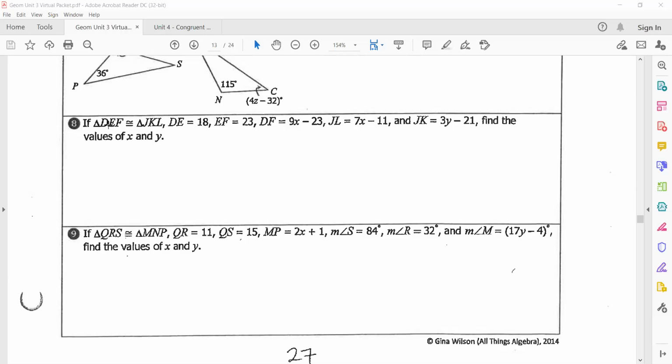Well, that's the first two letters in the first triangle, so that's congruent to the first two letters in the second triangle, JK. So you're just going to have to go through that process to match up corresponding parts of the congruency statement so you know what's equivalent to what. Questions on that, anybody?